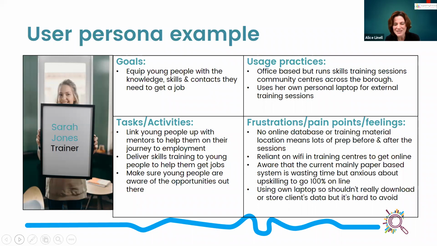So in this instance, Sarah's frustration is she's got no online database of training material, so before she goes out, she has to do a lot of prep, and she's reliant on Wi-Fi in training centres to get online. She's aware that the current paper-based system is wasting a lot of time, and she's using her own laptop, and shouldn't be, but is downloading client data.